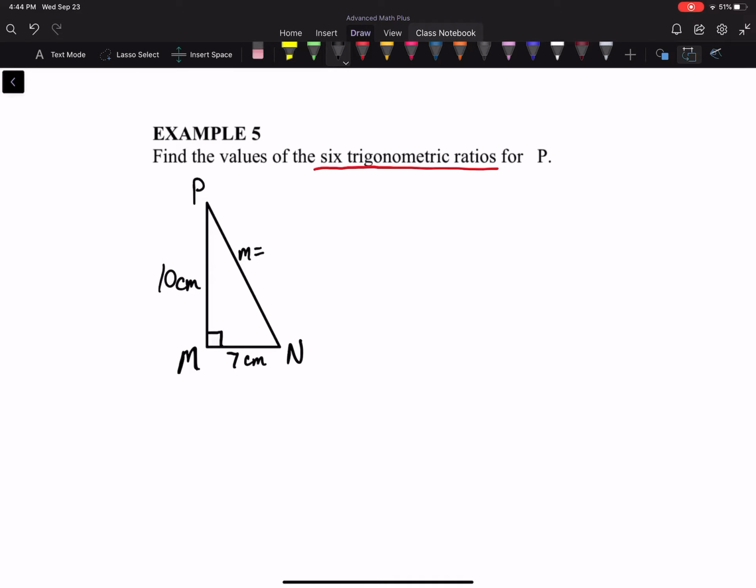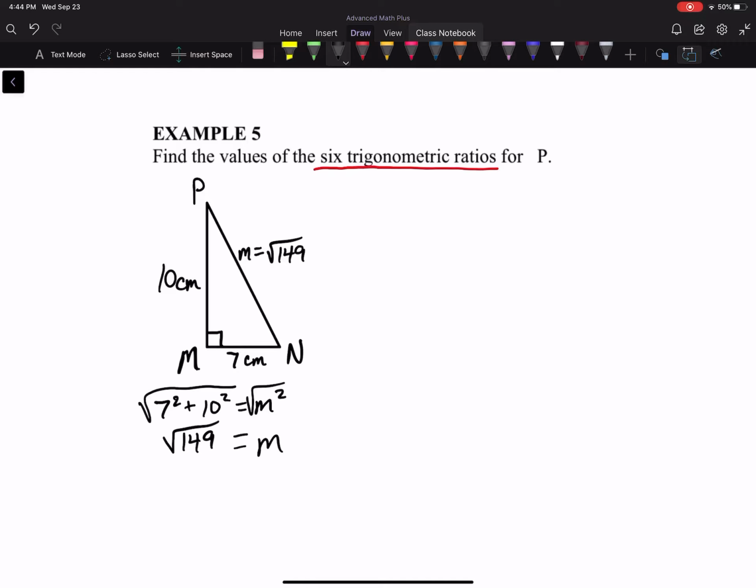It is the hypotenuse, so I'm going to use the Pythagorean theorem. 7 squared plus 10 squared equals m squared in this case. Take the square root of both sides. m is the square root of 149, which cannot be reduced. So we just leave it as the square root of 149.